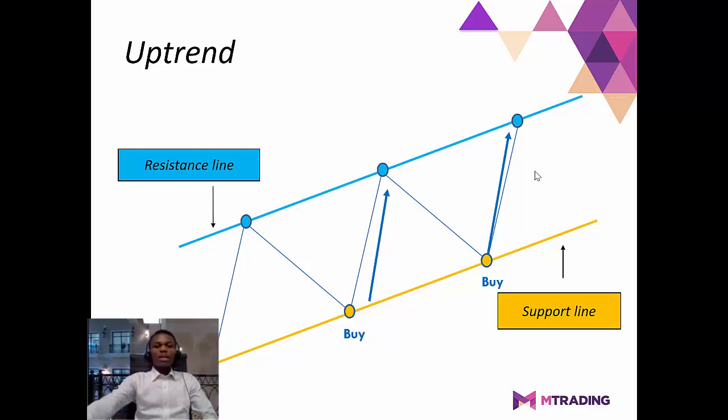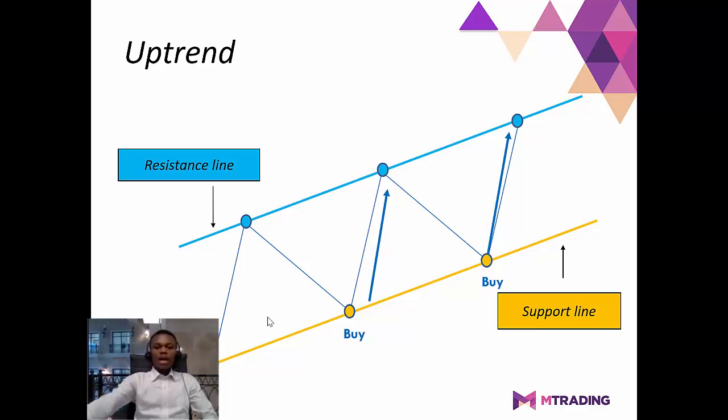Now, how to trade on an uptrend? As we said, the price is going from a lower to a higher level, then from a higher level to a lower level, and then goes to a higher level, then reverts to a lower level. But the distance here is longer than the distance from this place, which overall makes the trend an uptrend. Now it is simple.